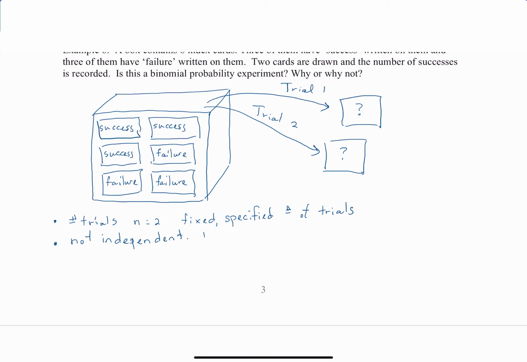So to see why this is, in trial 1, the probability of success is 50%, right? Because there's the same number of success cards as failure cards.